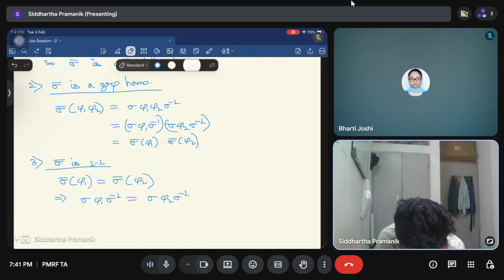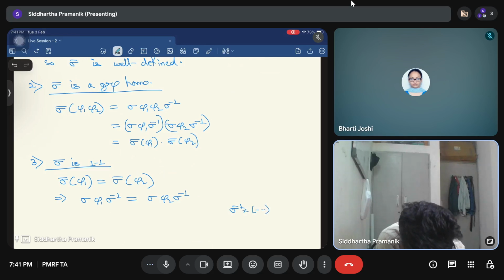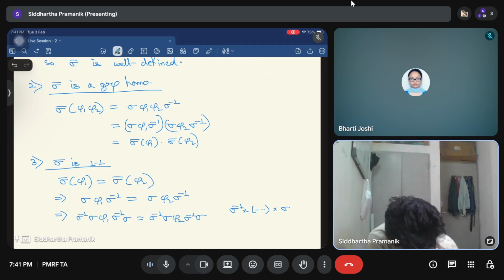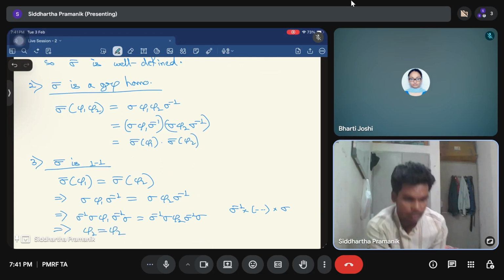Let's multiply with sigma inverse from the left and sigma from the right. Sigma inverse sigma phi 1 sigma inverse sigma equals sigma inverse sigma phi 2 sigma inverse sigma. So that will imply phi 1 equals phi 2. So it is injective.